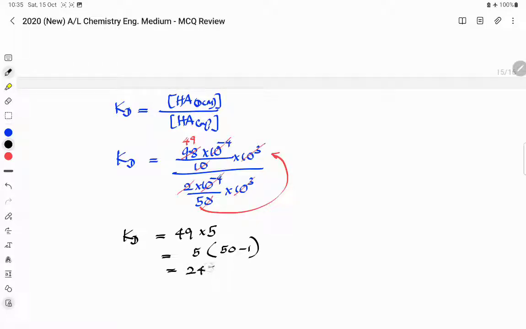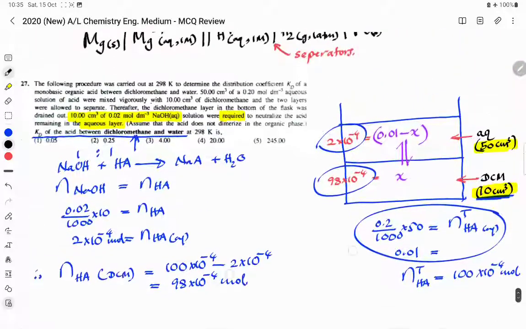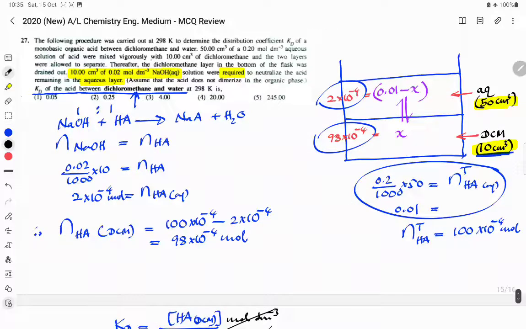So the Kd value will be 245, and it doesn't have units because the two units are cancelled off. Okay, the answer for the 27th question is the 5th option. Okay, let's move on to the next question.